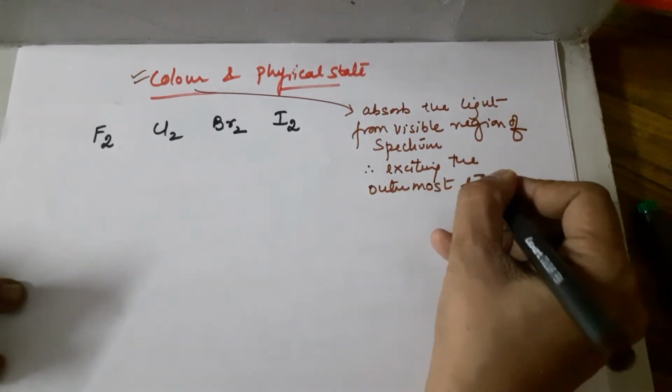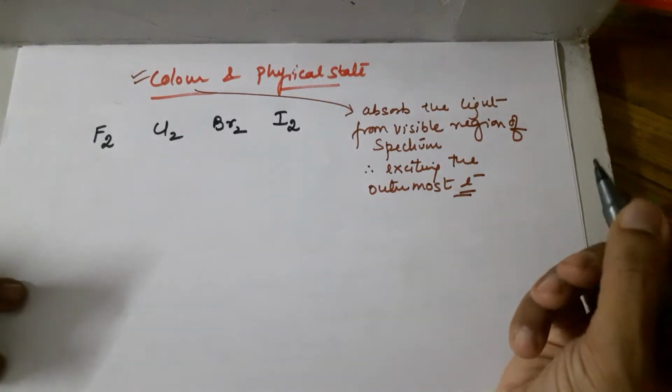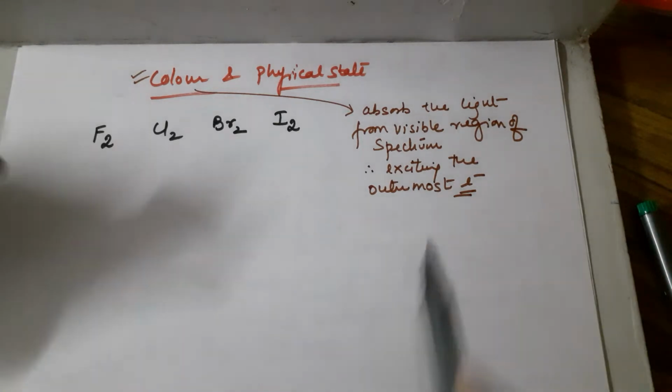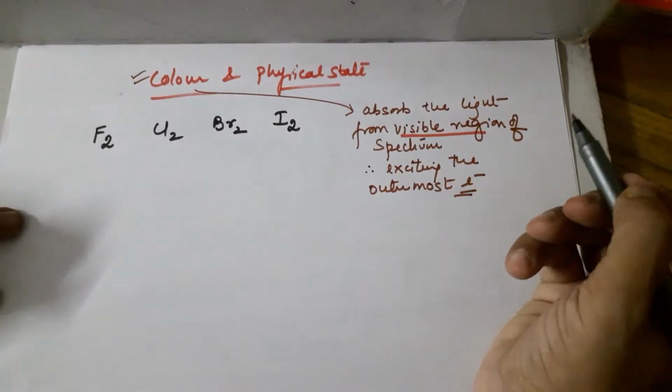This is generally the cause of color for any entity. It is related to light, and absorbing light from the visible region causes them to be colored.